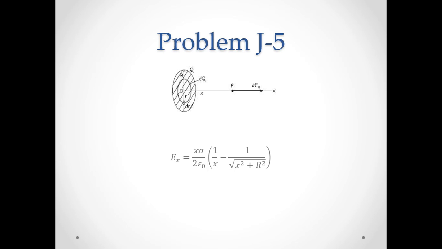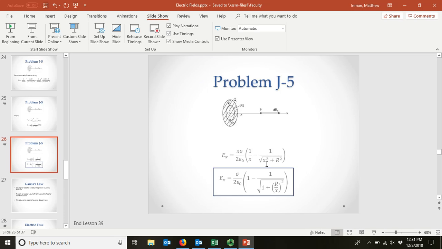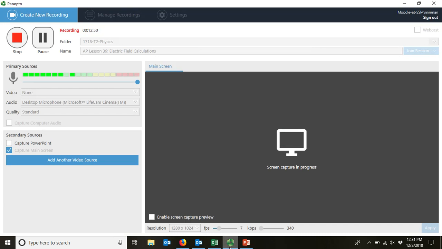But if you think about that for a second, if you go infinitely far away from this disk, maybe it would end up being 0. If you think of r as being really big compared to x, you end up with sigma over 2 epsilon naught as your result. Those are important things to keep in mind. Here I've worked it out and plugged everything in. So those are some ways to calculate this using integration.